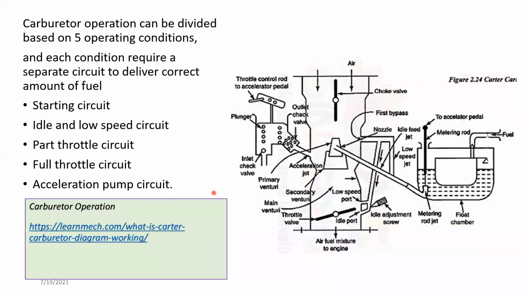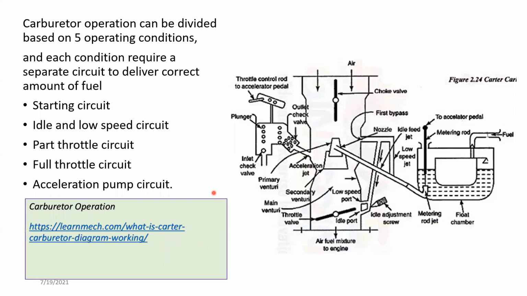In addition, later another section was added, called the acceleration pump circuit. Starting circuit means how to start the vehicle. During the start, on a cold morning, more fuel is needed. Idle means keeping the engine running at the lowest sustainable RPM, called low idle speed. Part throttle means the throttle is half open, and full throttle means fully open.